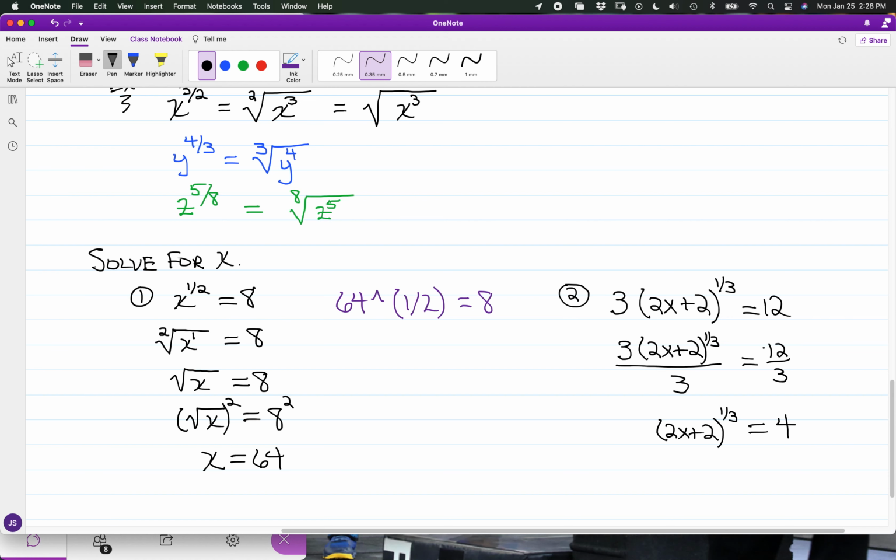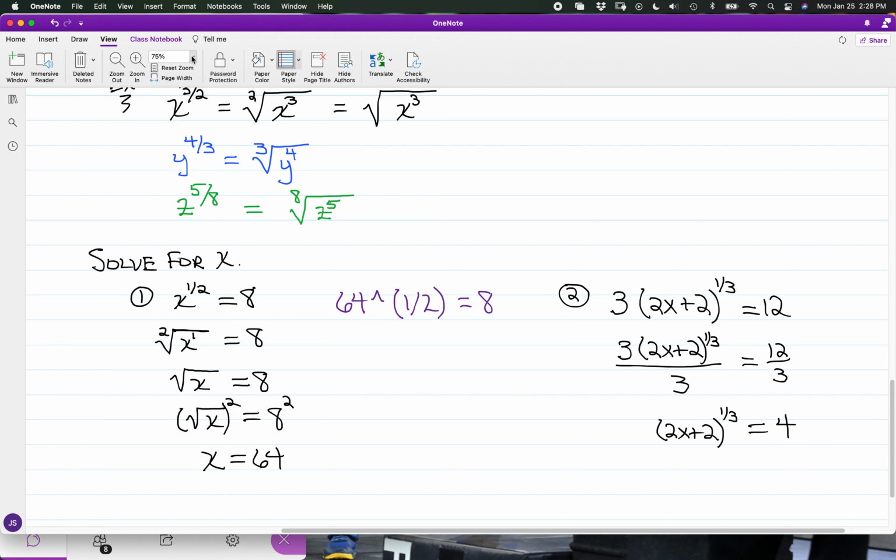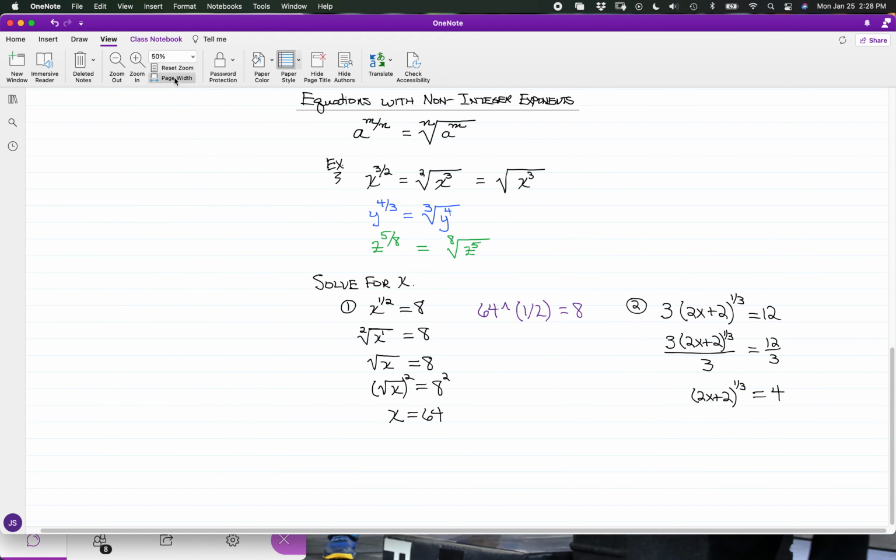Taking what I have now, I have a single term with a non-integer exponent. If I go from the non-integer exponent to the radical equivalent, this will become the cubic root of 2x plus 2 is equal to 4.